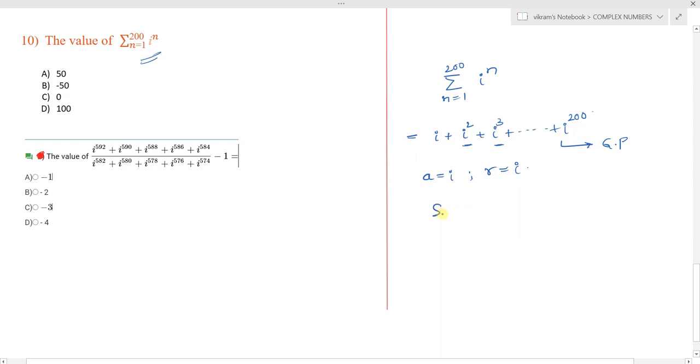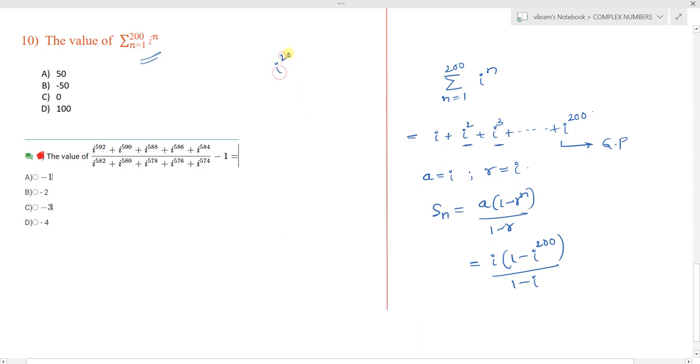What is the sum? The sum of a geometric progression of n terms equals a into (1 minus r power n) by (1 minus r). Here a is i, so i times (1 minus i power n) by (1 minus i), where n is 200. What is i power 200?